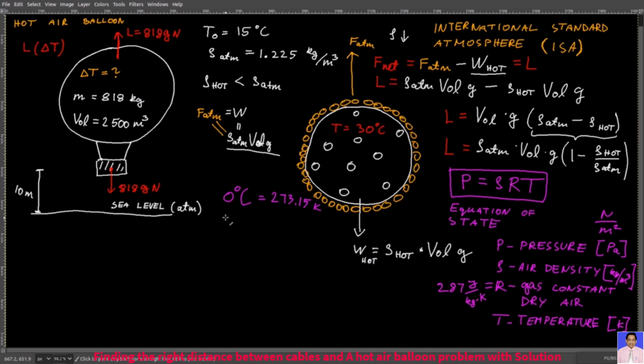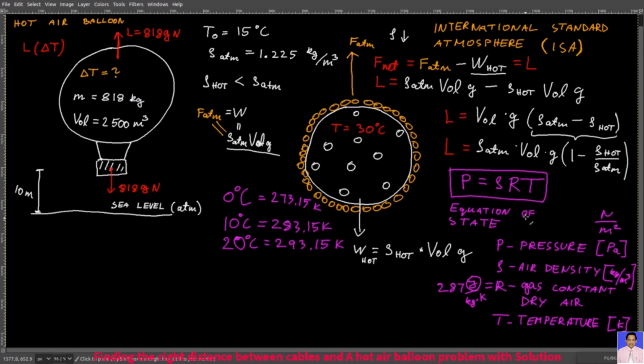And for example, if you have 10 degrees Celsius, then you would just add 10 to Kelvin, so you would have 283.15 Kelvin. 20 degrees Celsius would be 293.15 Kelvin, and so on. And of course, this unit here, joules, is the unit of energy.